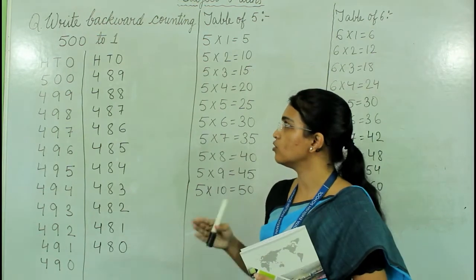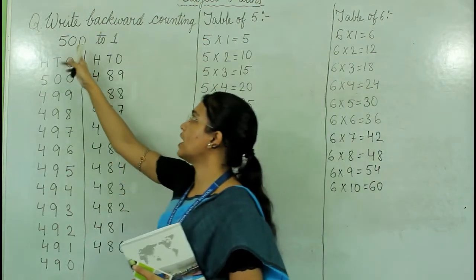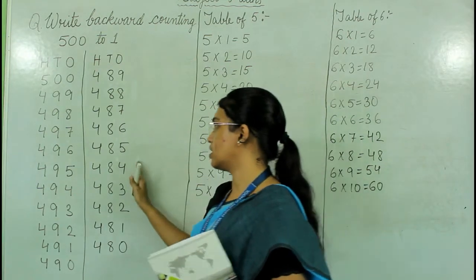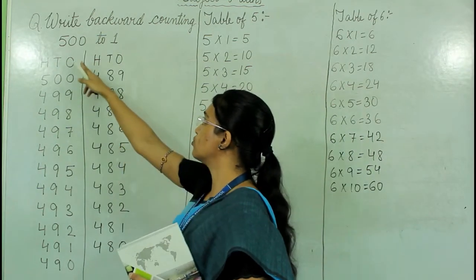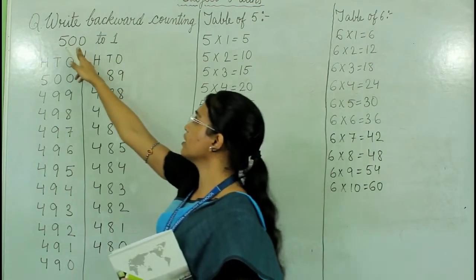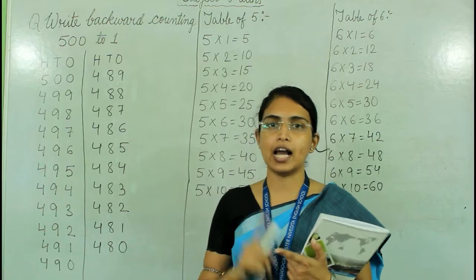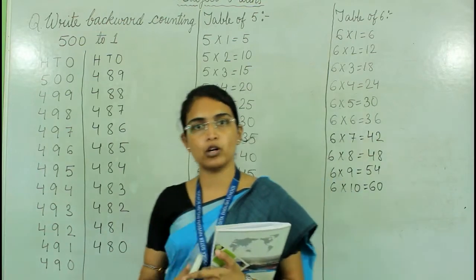In this way you have to write from 500 to 1. Do this backward counting from 500 to 1 in your CW and in your HW, both the copies.